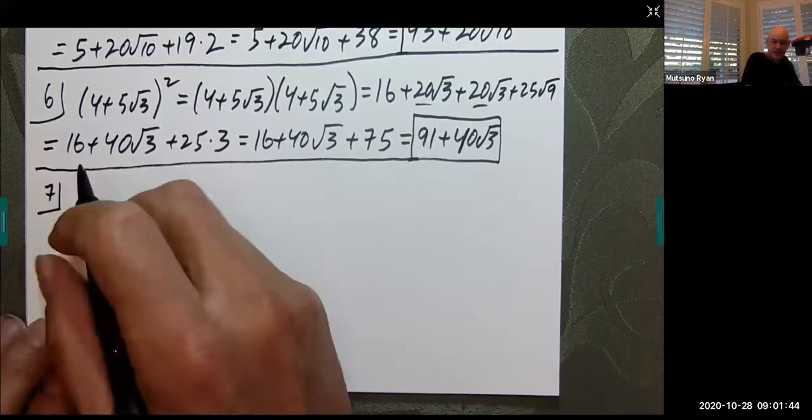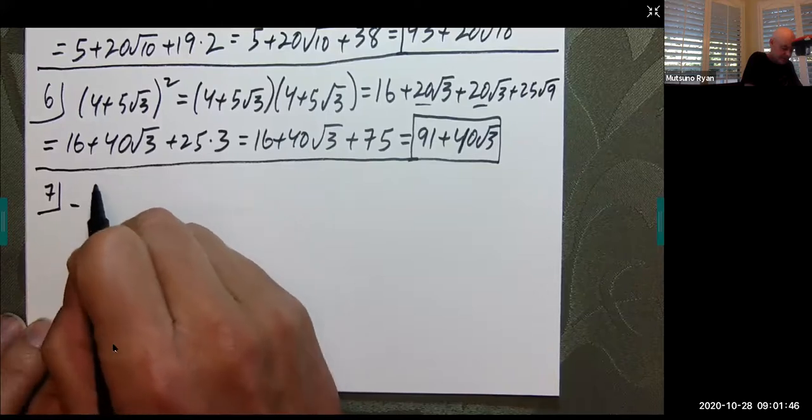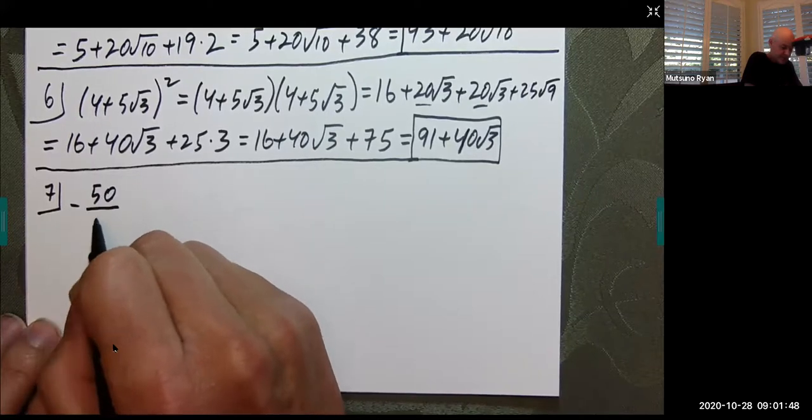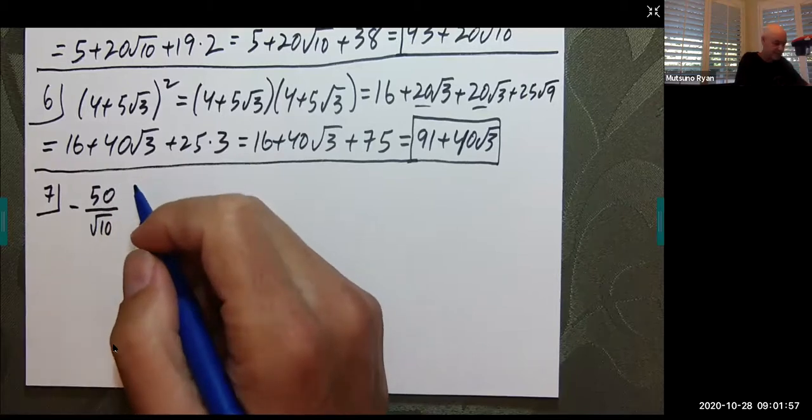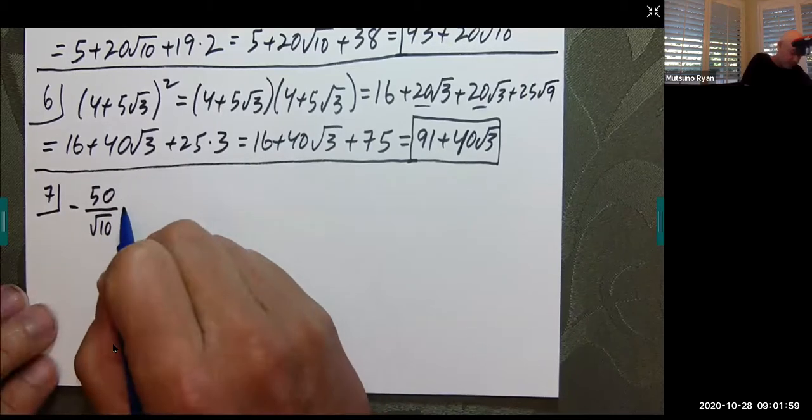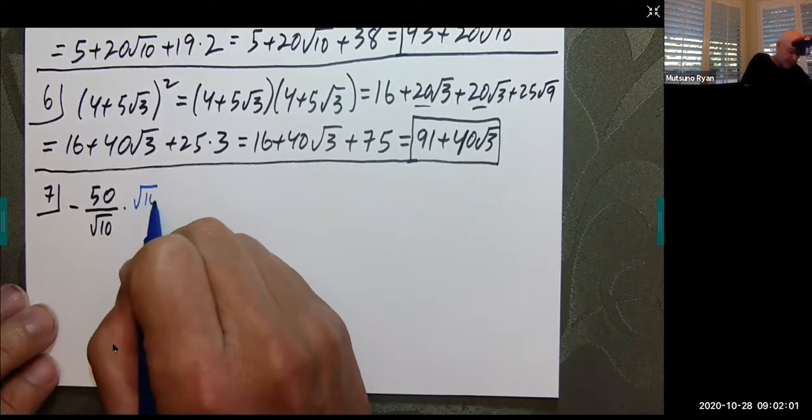Number 7 is negative 50 over root 10. And what I'm going to do there is I'm going to rationalize the denominator, meaning I'm going to get rid of the radical in the denominator by multiplying the top and bottom both by root 10.